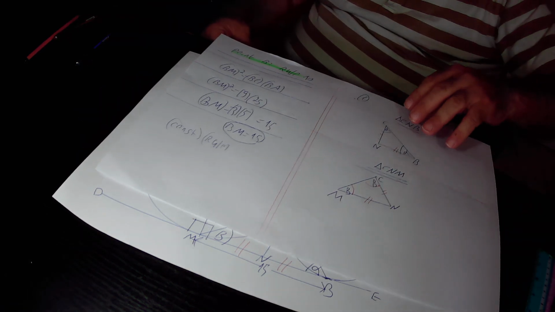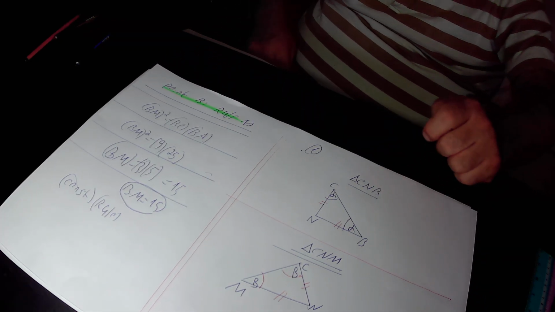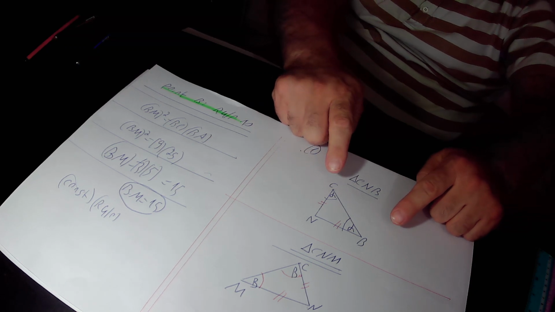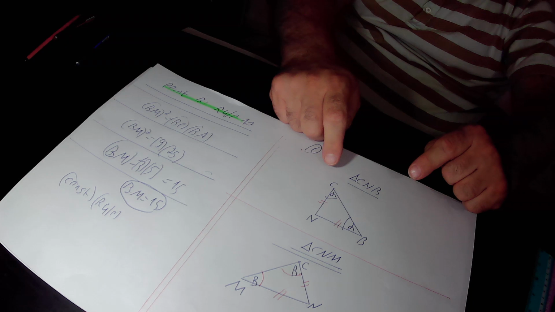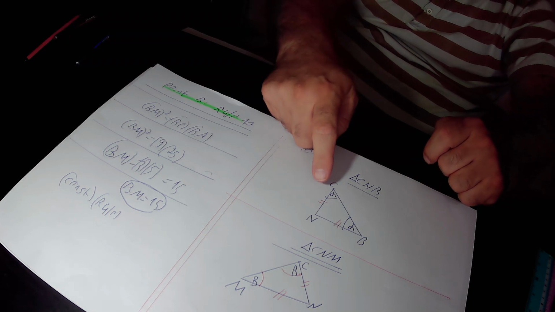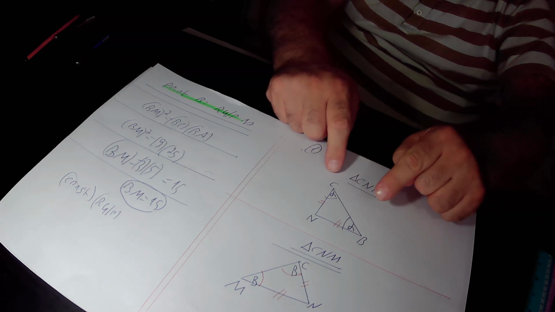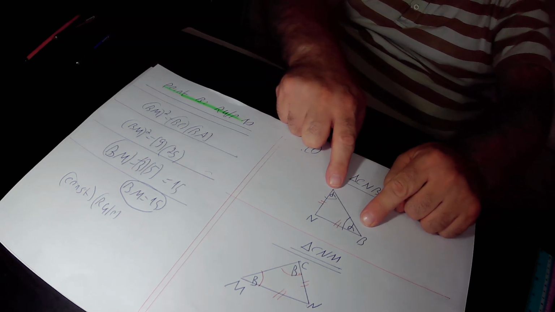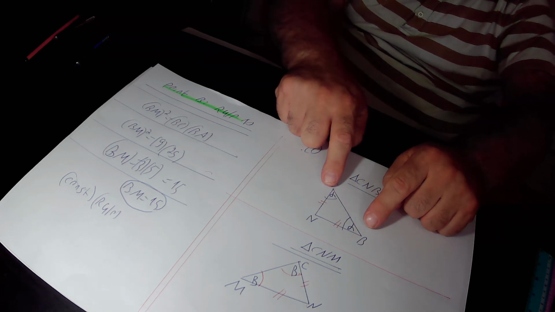So this is triangle CNB. According to the original drawing and rule 2, side CN equals side NB. And according to the rule that states that in front of equal sides in a triangle there are equal angles, in front of this side CN we have this angle, and in front of this side NB we have this angle. Because those two angles are located in front of two equal sides, they must also be equal in size.